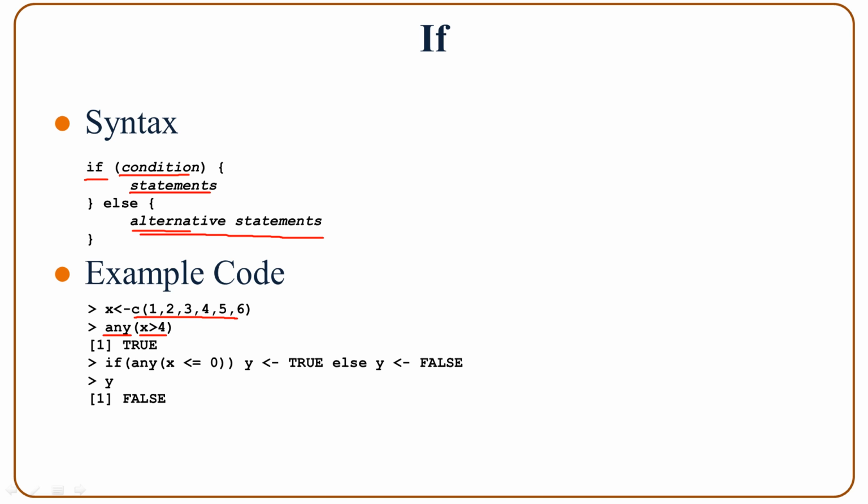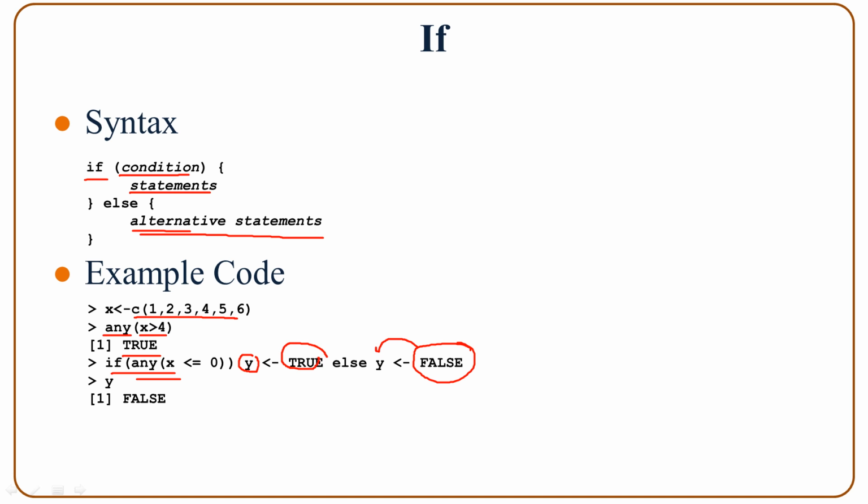If any x less than 0, then you store true in the variable y, and otherwise you store the boolean value false in the variable y. So when you run this, then y returns false.